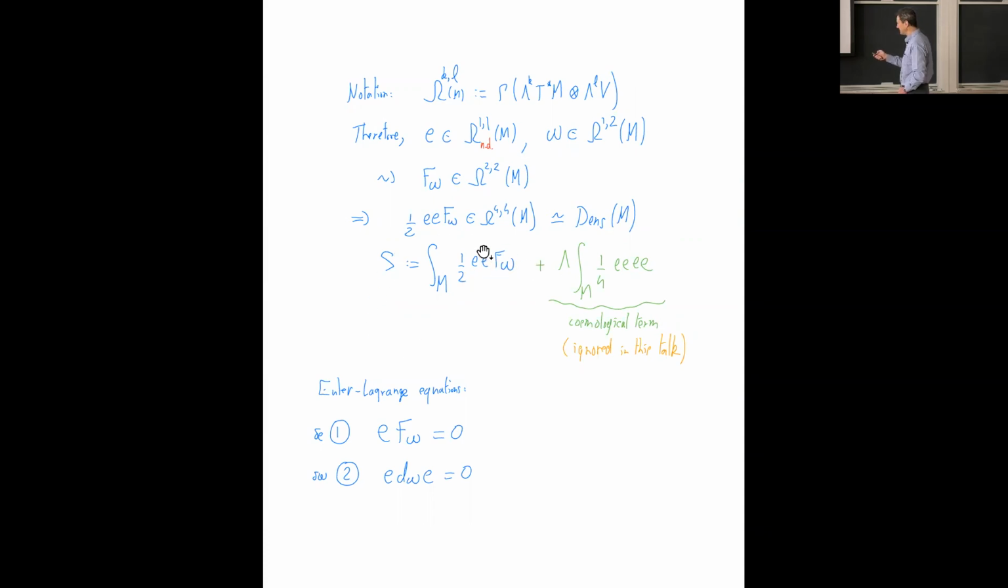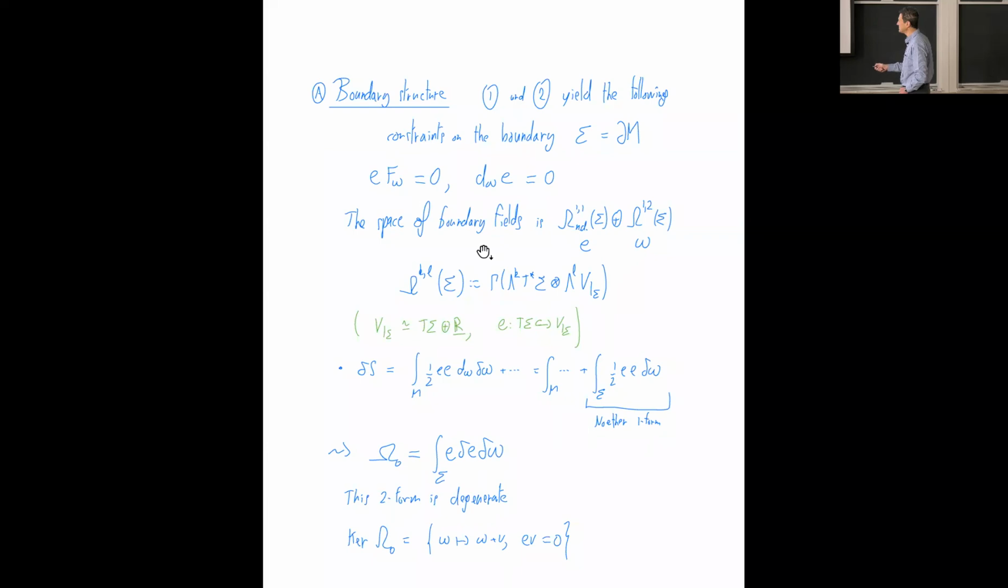When you integrate by parts, this goes down to the boundary. So this gives you what we call the one-form here, which is what is called the Noether one-form in mechanics, and its differential is supposed to give you the symplectic structure. Now, this two-form turns out to be degenerate, but you can mod out by its kernel very nicely, so you actually get a symplectic structure on the boundary.